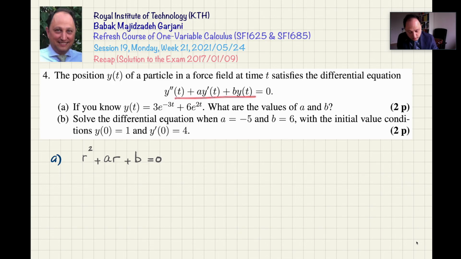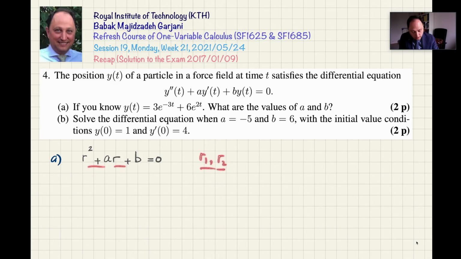For solving a differential equation, we were supposed to find its characteristic equation and put it equal to 0, depending on whether there are 2 real roots, 2 complex roots, or 1 double root. We have different scenarios. But when you look at the solution, you realize that the roots of this equation are supposed to be minus 3 and 2, because the answers we get here say they are r1 and r2.